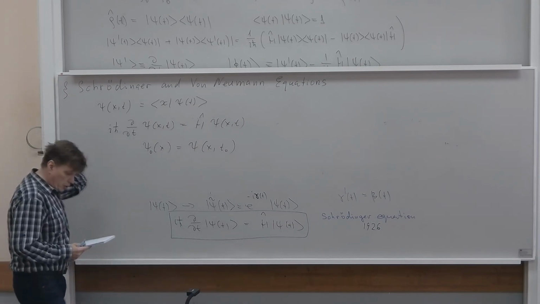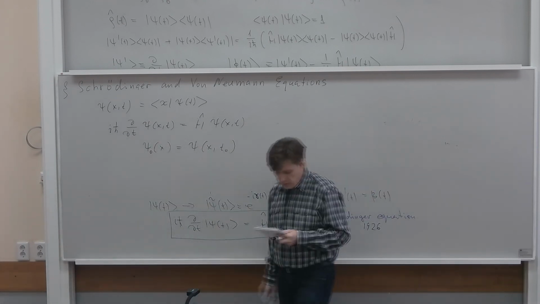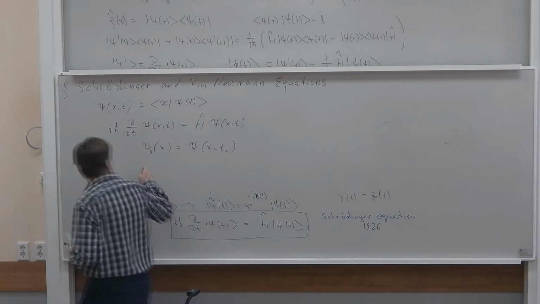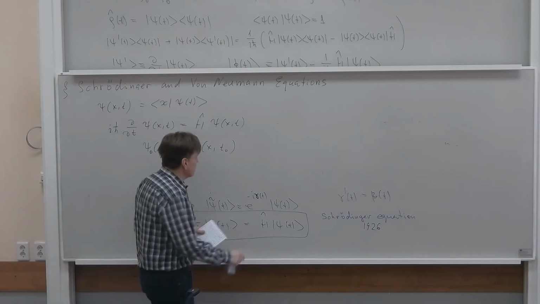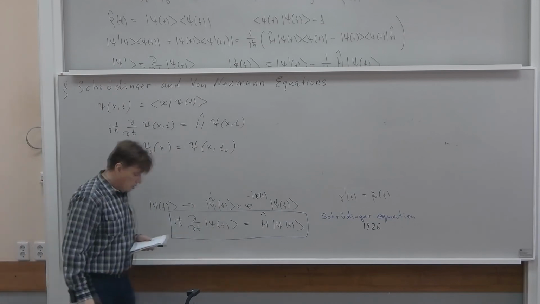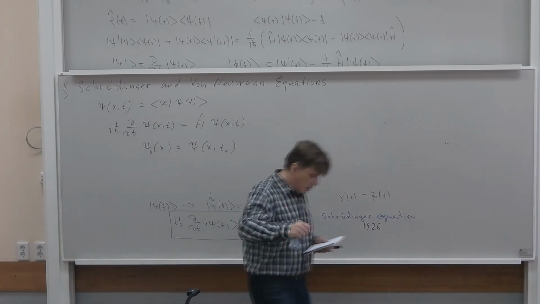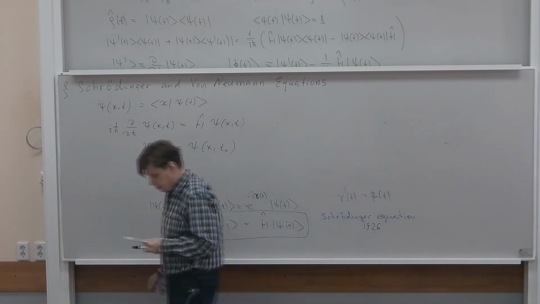Since the Schrodinger equation is first order in the time derivative, specifying the initial wave function psi naught at some time moment t naught, we fully determine the whole evolution of the system.